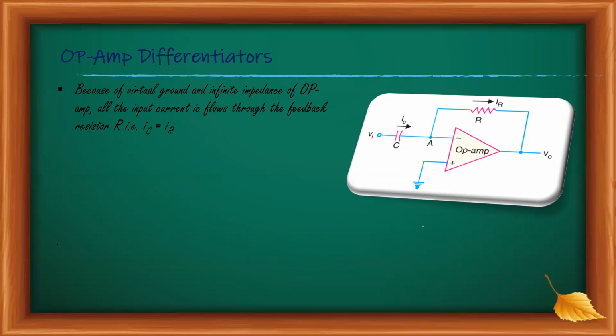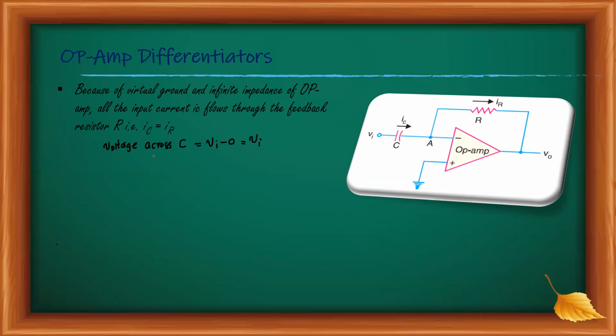So here IC must be equal to IR. For that, first we have to find the voltage across capacitor. That is equal to Vi minus 0, that is equal to Vi.